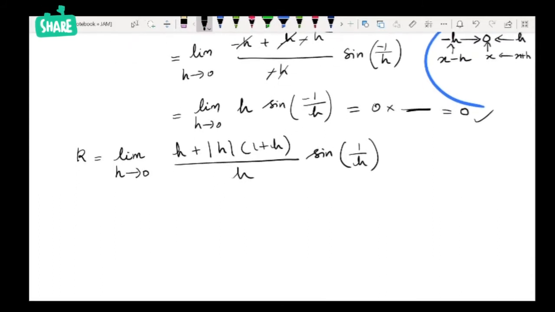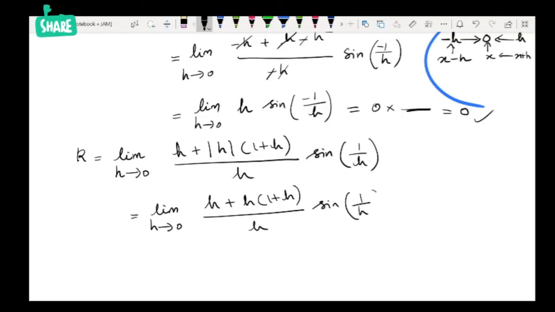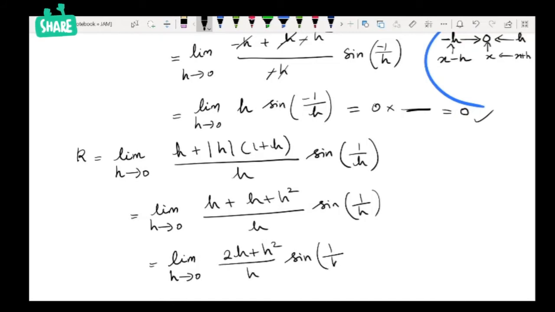So simplifying that, we will get limit h tends to 0, h plus h into 1 plus h, the whole divided by h, sine 1 by h. So this will give us h plus h square. I'm going to write it here itself, and we get limit h tends to 0, 2h plus h square by h, sine 1 by h.